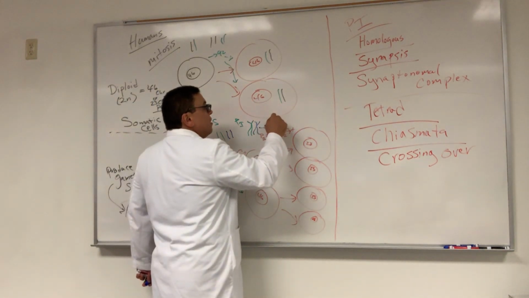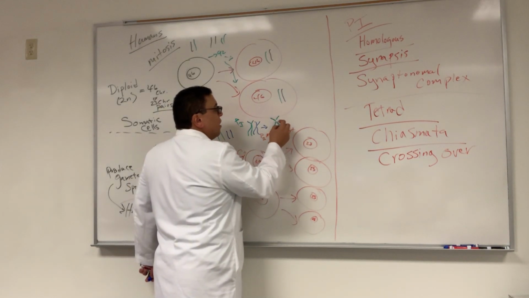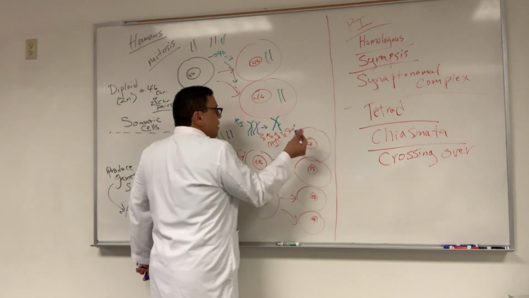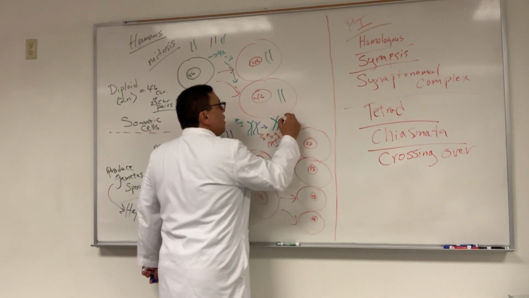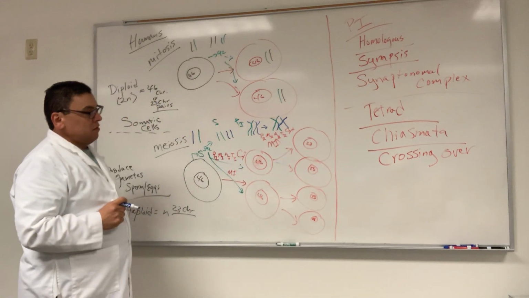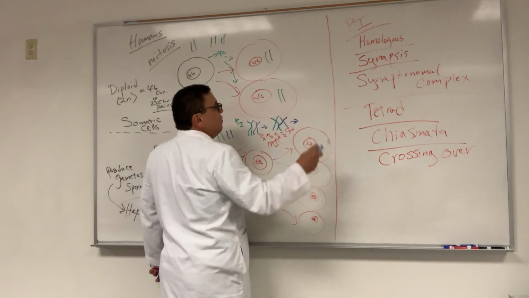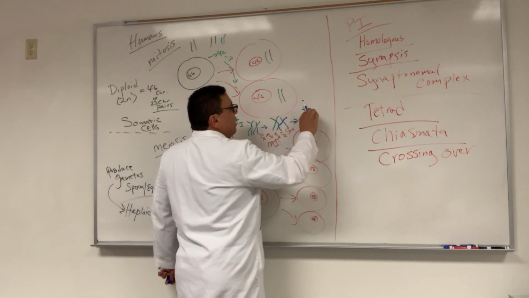Watch this. A chiasmata forms. And then the crossover happens. I have to think when I do this here so I don't make a mistake.